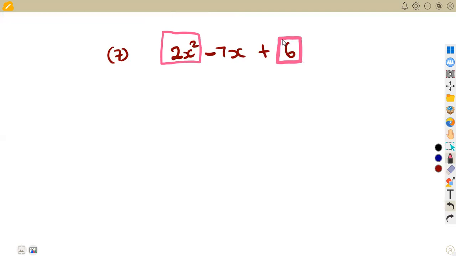The sign, we are going to check it later on. So this is what you do. Considering your first term, we first need to write this as a product. Always think about this product. So as a product, 2x squared, which 2 numbers can we multiply to get 2x squared?